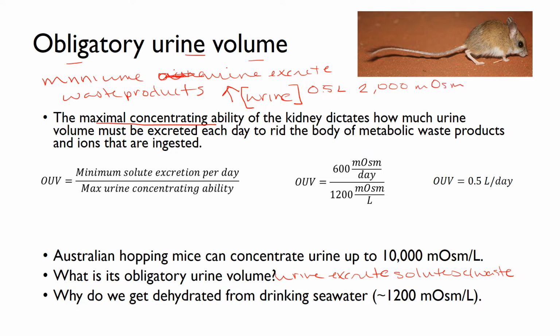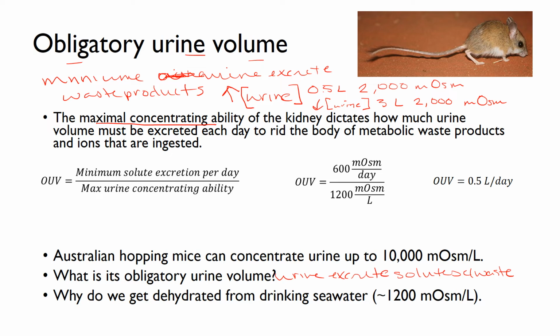But if you have an inability to really concentrate your urine compared to, say, other mammals on the planet, if you have low ability to concentrate your urine solutes, then it might take 3 liters of urine to get rid of the same 2,000 milliosmoles of solute. So obligatory urine volume is directly involved with how much you can maximally concentrate your urine.